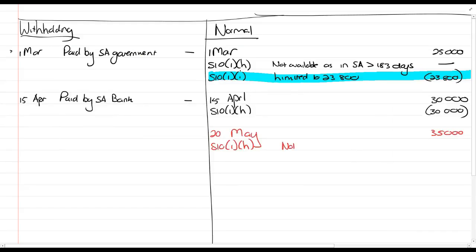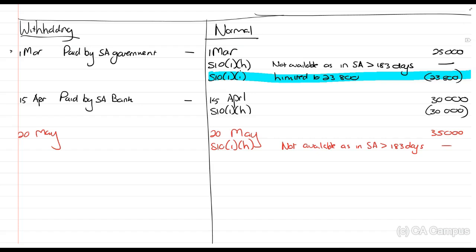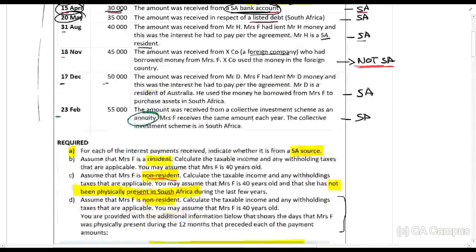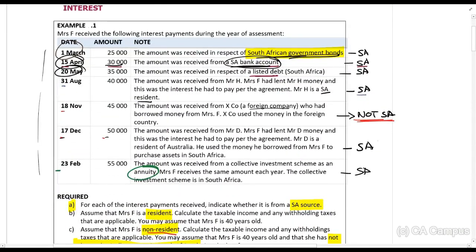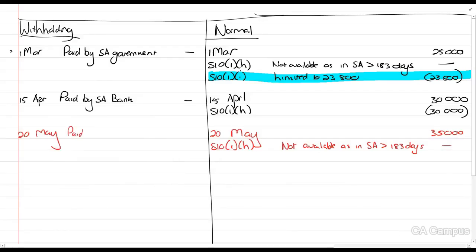So this is not available, as in South Africa more than 183 days. Then we look at our withholding tax. In this case, it is a listed debt, so it's not there.